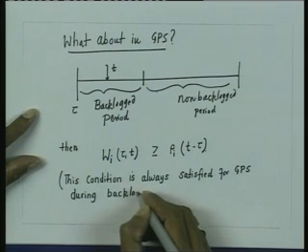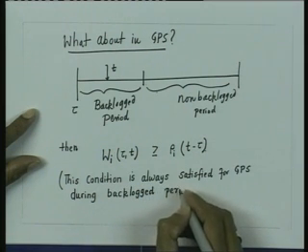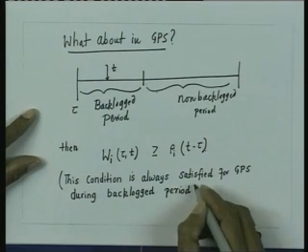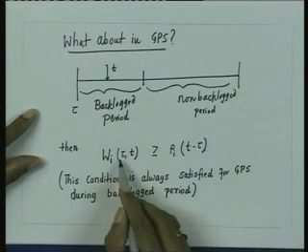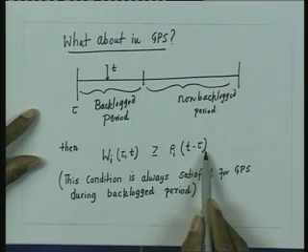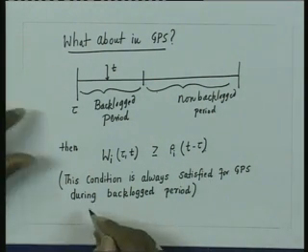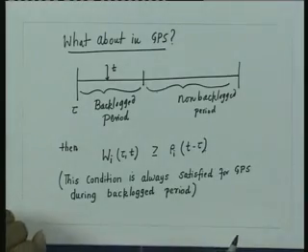That is what we are saying, that the service received by any session during a sub interval of the backlog period is always greater than or equal to rho i into t minus tau. Whether this is true for rate proportional servers, no. Okay, this will not be true always for rate proportional servers.